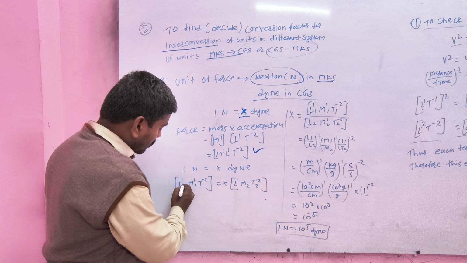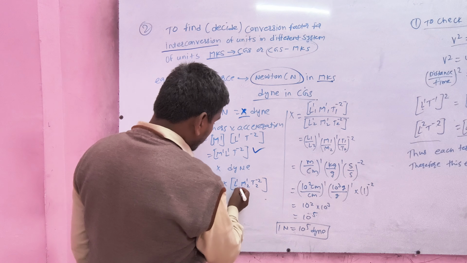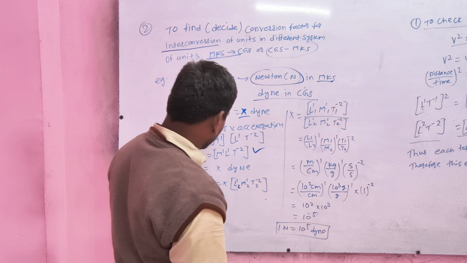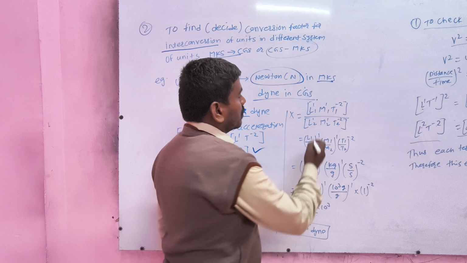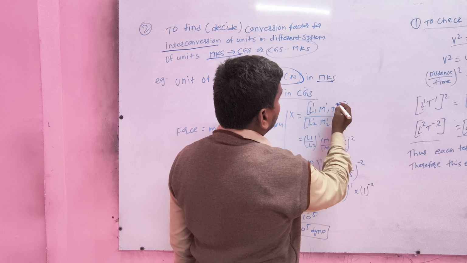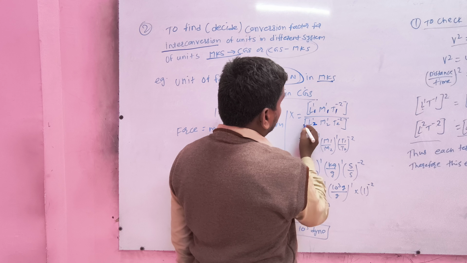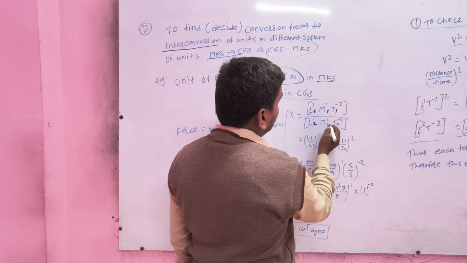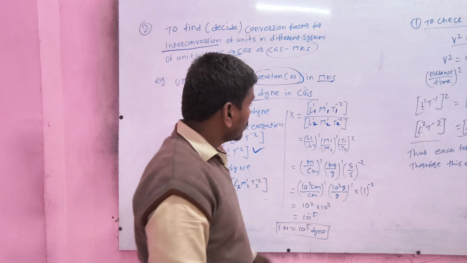So for LHS we have to take 1 1. For RHS we have to take 2 2. So x is equals to L1 M1 T minus 2, 1 divided by L1 M1 T minus 2 for second.